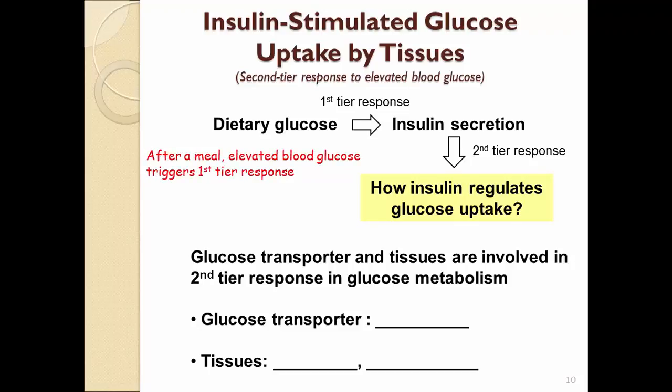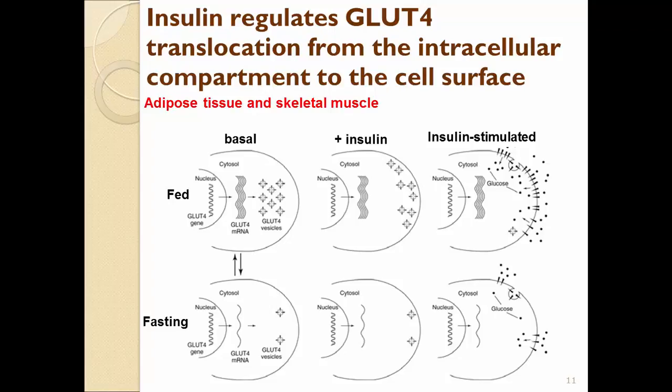So the first tier response involves both beta cells and liver, through GLUT2, and the second tier response involves insulin and GLUT4 in skeletal muscle and adipose tissue, right?